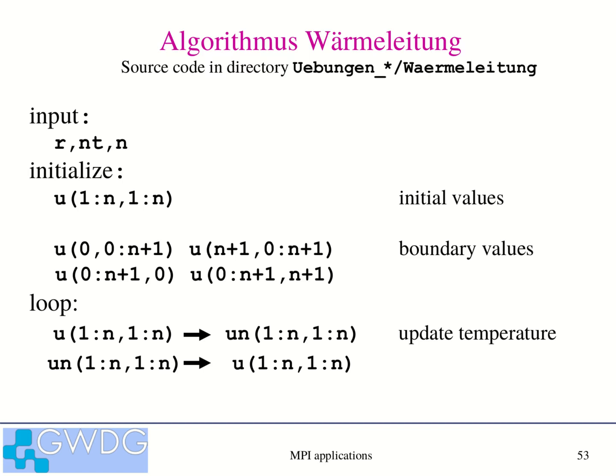So in the loop I have 2 time steps, and I end up again storing the new values in the array U. So I have 2 arrays, one U and one UN, and I do a flip-flop between the two with an update, and I end up with a new temperature after 2 steps in the same memory plane.